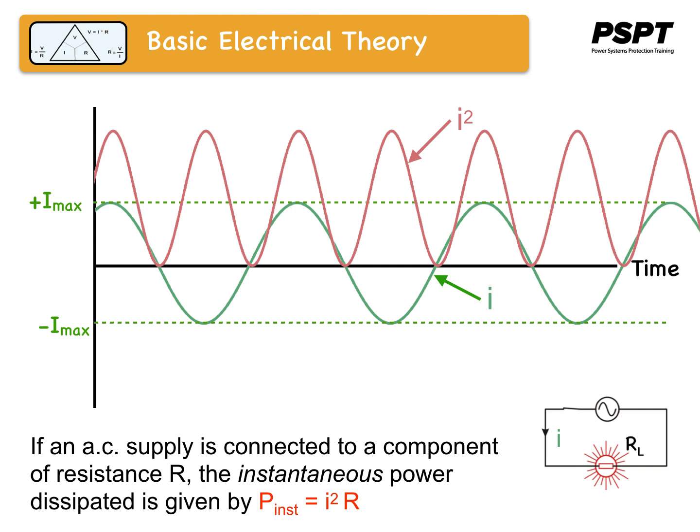It certainly has to be at 0 whenever the current is at 0, because squaring 0, you still end up with 0. And as far as the maximums are concerned, the square has to be a maximum when the current is a maximum.